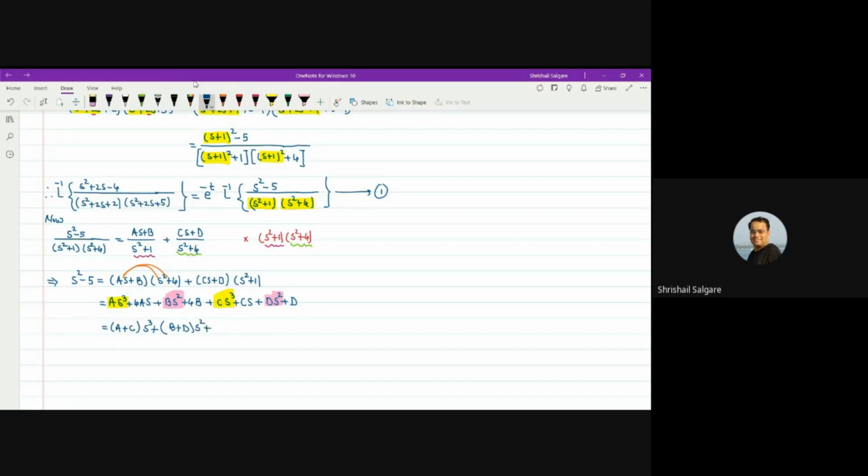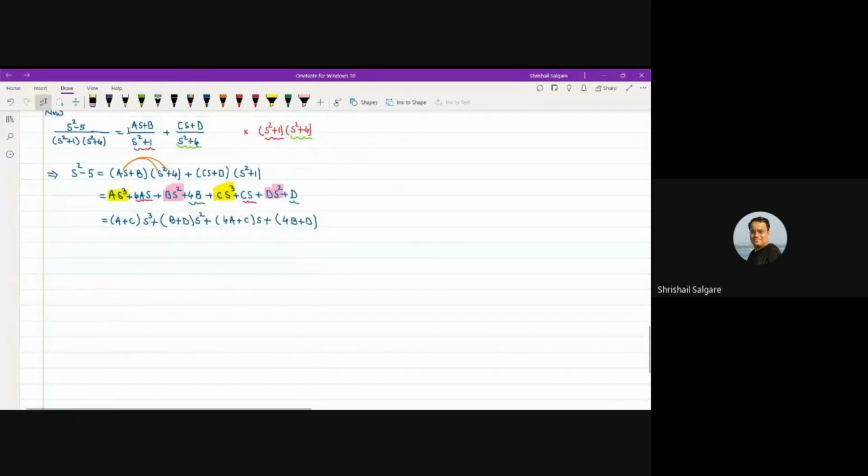Then next, if you are taking the terms of s together, how many terms are there? Only two terms, plus 4a plus c into s, plus the remaining constant term, that is 4b and d. So that can be written as 4b plus d. Look, check once. If I have written correctly, then I will proceed. Otherwise, I will check it. I think it's correct.